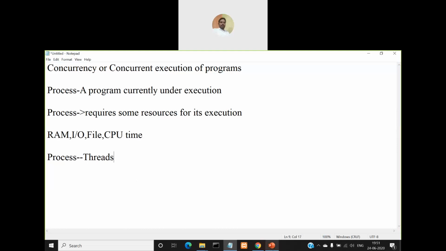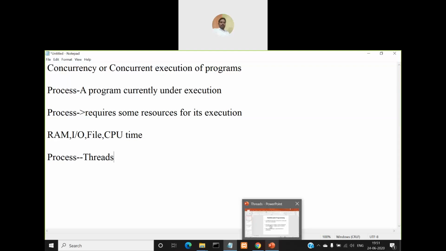So we can say a process is an entire program. It is a heavyweight program, whereas a thread is a lightweight program. What is the difference between process and thread? We'll discuss. A thread is one part of a process.